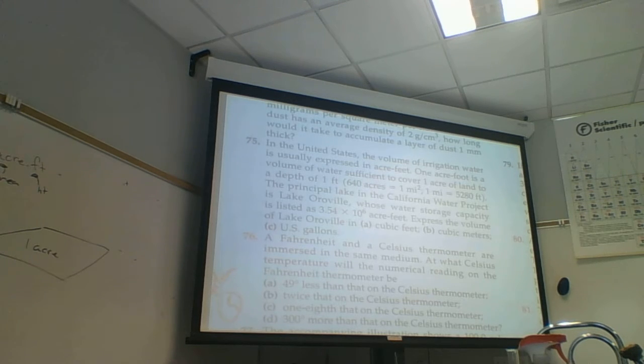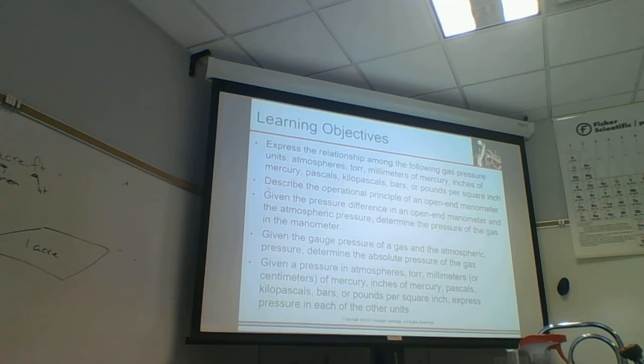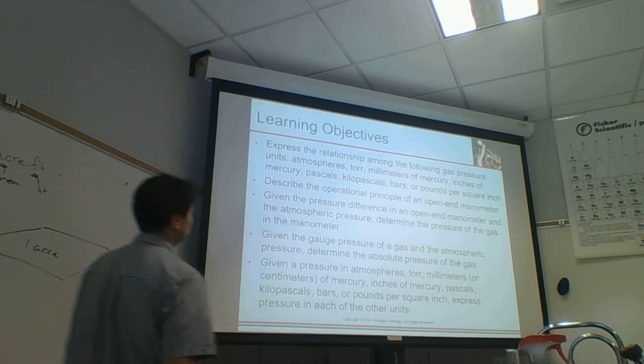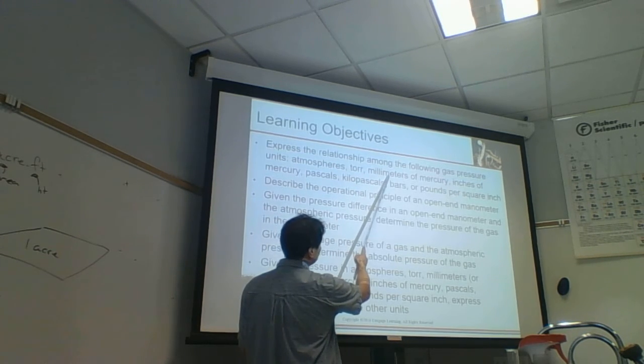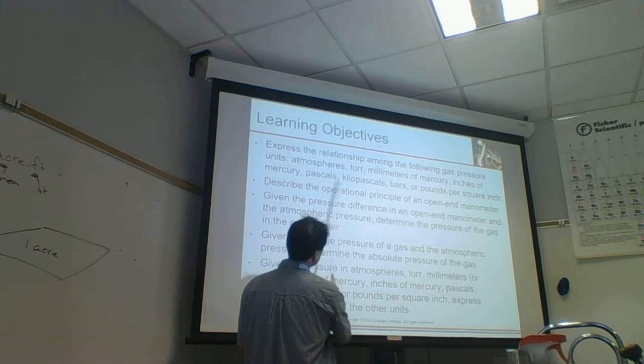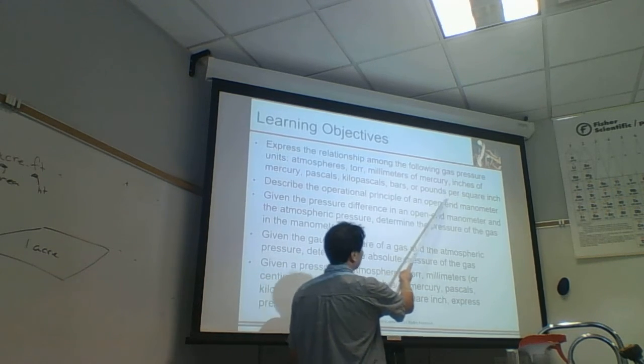But let me go back to chapter 4. We're just looking at the learning objectives here. I just want to go through the learning objectives here, and then we'll take a break. All right, we measure gas pressure using different units: atmosphere, torr, millimeters of mercury, inches of mercury, pascals, kilopascals, bars, pounds per square inch.